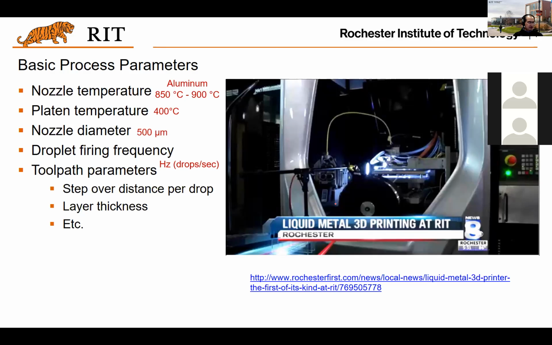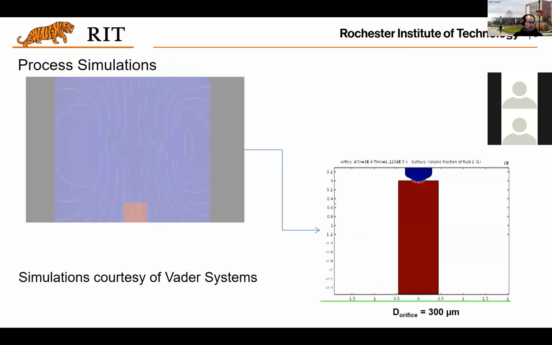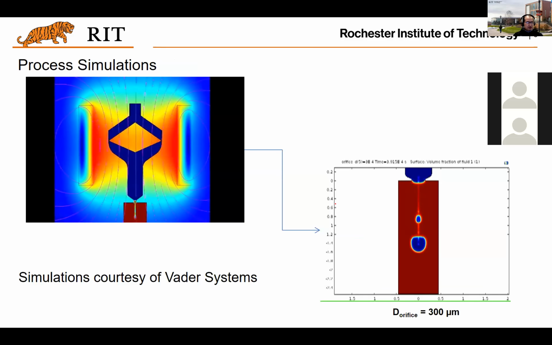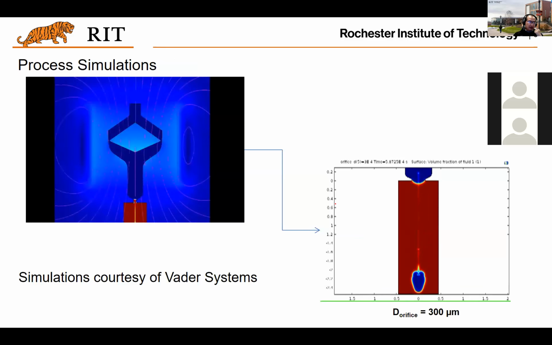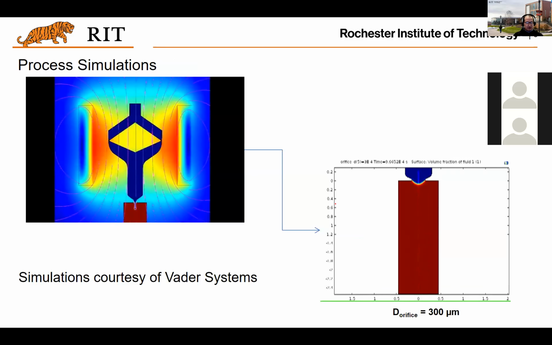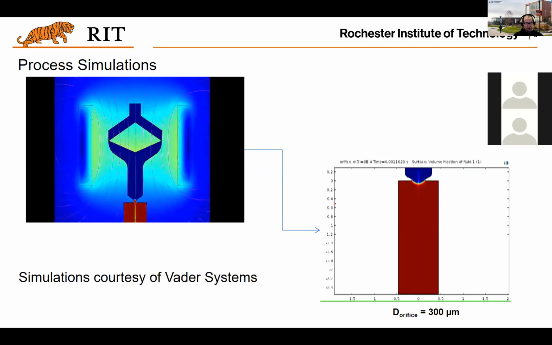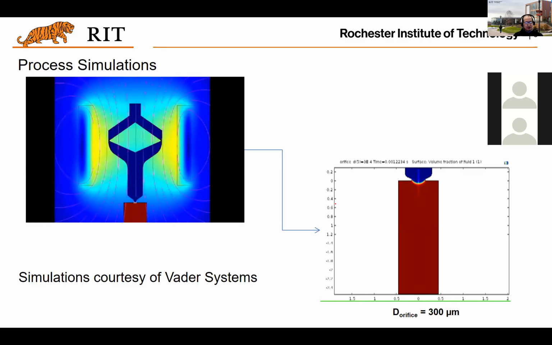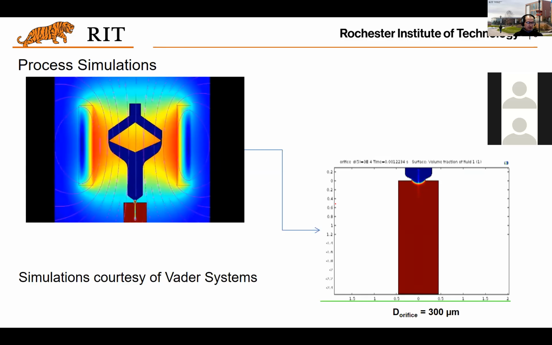Here shows some of these parameters. Also the process, as I mentioned, there is a magnetic and also electrical field utilized to drive the molten metal during the printing process.